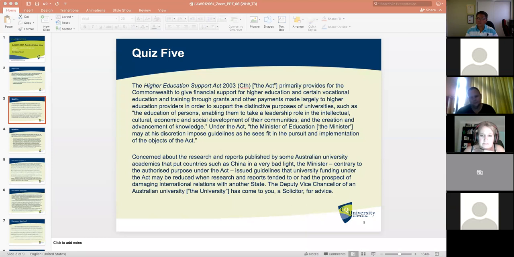Under the Act, the Minister of Education, the Minister, may, at his discretion, impose guidelines as he sees fit in the pursuit and implementation of the objects of the Act.